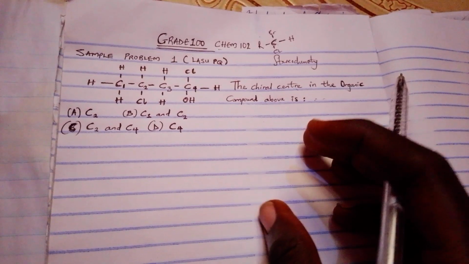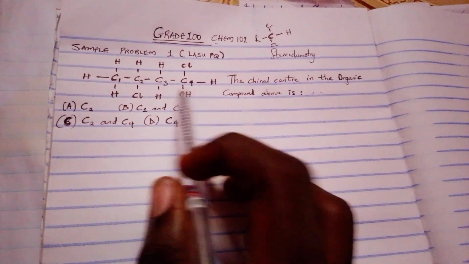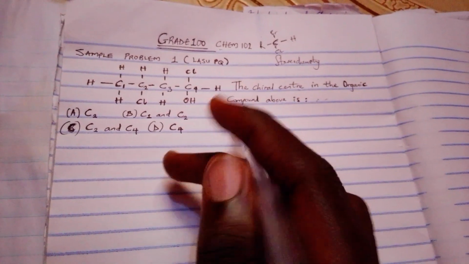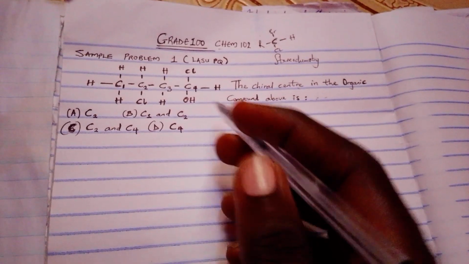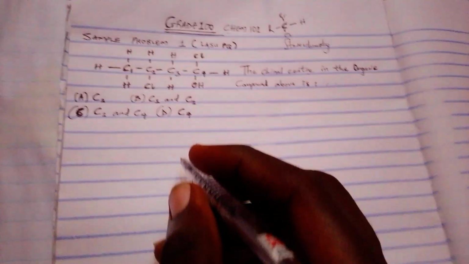I said earlier that a chiral center must be attached to 4 different groups. So what we'll be doing is checking each of the carbon atoms here to see which one is attached to 4 different groups, and that carbon atom will be a chiral center.